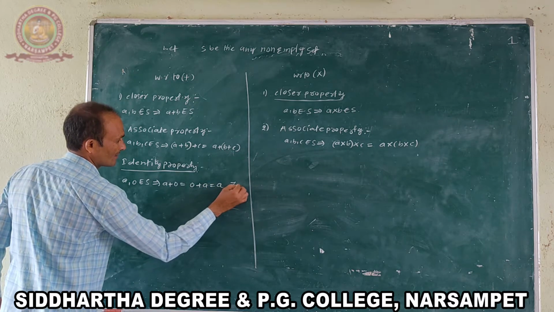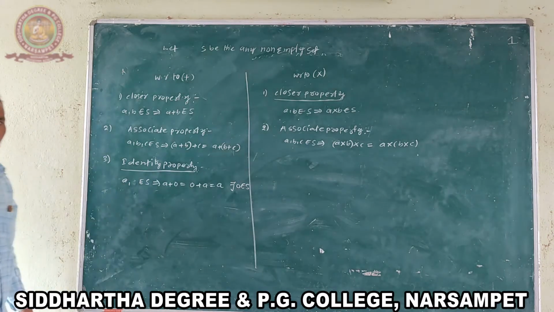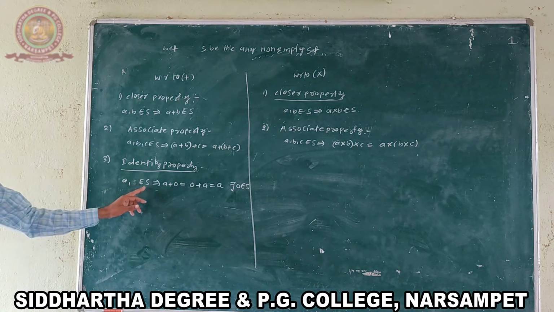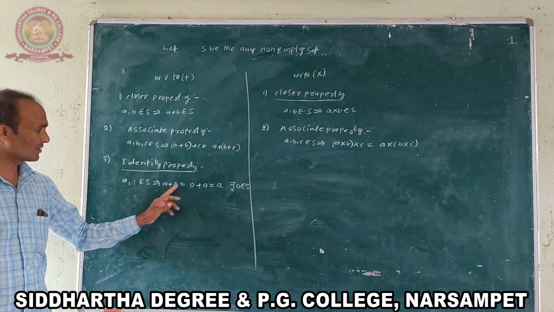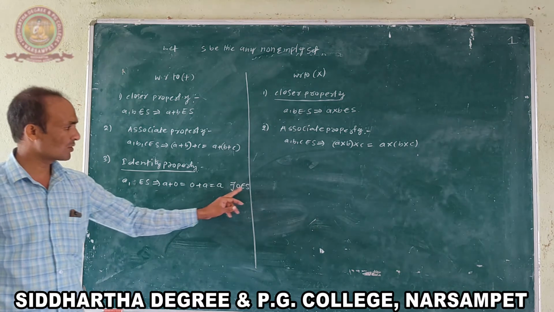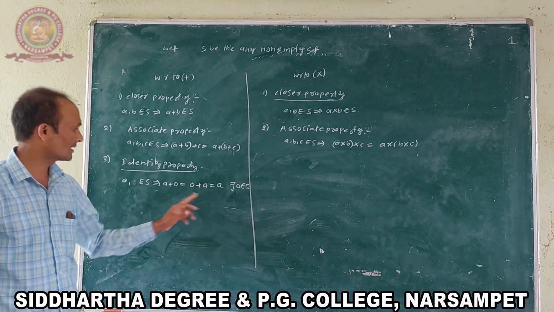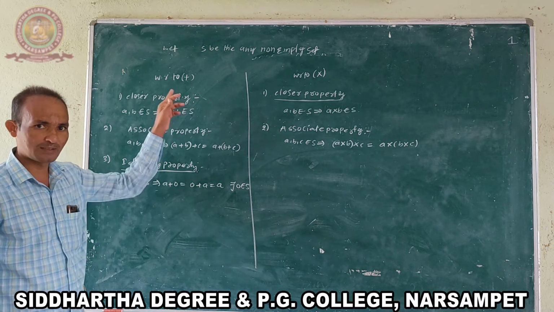There exists 0 belonging to S. So S satisfies the identity property with respect to addition.